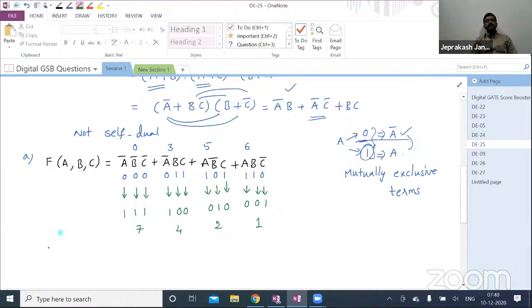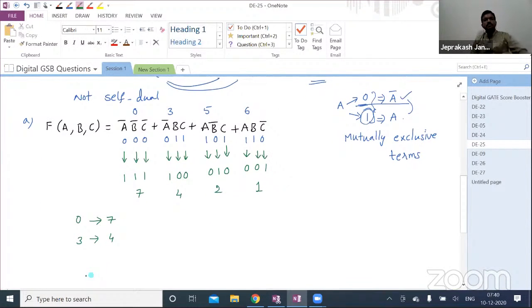So in the given function, you have four minterms: 0, 3, 5, 6. For 0, the corresponding mutually exclusive term is 7. For 3, the mutually exclusive term is 4. For 5, it is 2. For 6, it is 1.